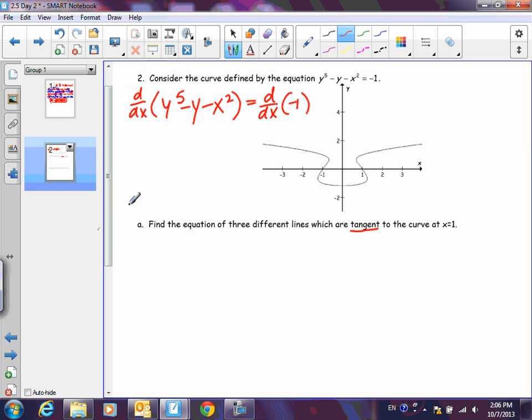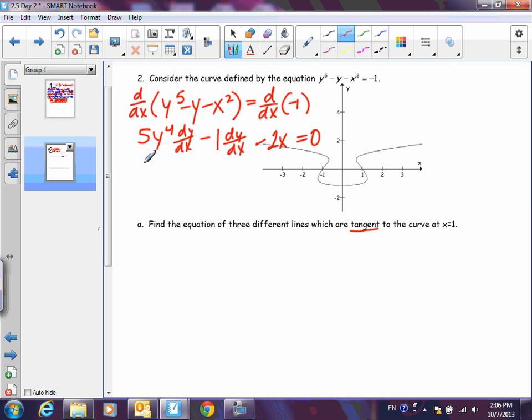Okay, so it looks like most of you got it. Just real quickly, what did you get for the next line? 5y to the 4th dy over dx minus dy over dx minus 2x equals 0. Okay, what did you have to do before you factored out the dy over dx?